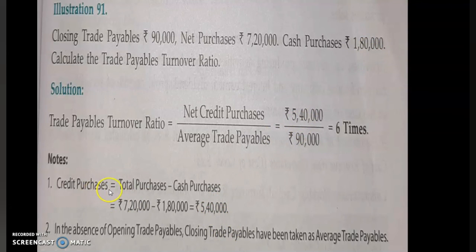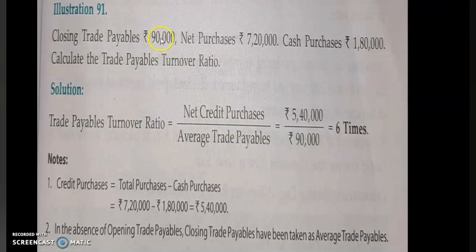So credit purchase is equal to, from the total purchases, remove what is done by cash, that is cash purchases. What is left? Credit purchases. Write down the amount over here. Formula to calculate average trade payables is, see, you are only given the amount of closing trade payables. Have they given you opening trade payables? No. So what is to be done?